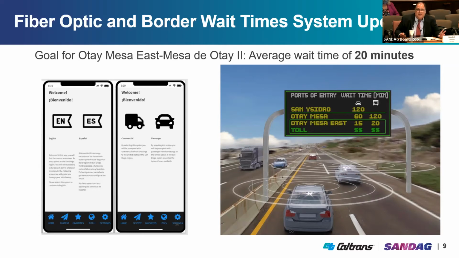Within that project we also partner with Casa Familiar and San Diego State, as was mentioned, for those air monitors. So the Otay Mesa East project is actually contributing to the installation of air monitors in the border region, and the border wait time system is going to help us determine if there is a correlation between air quality and border wait times.